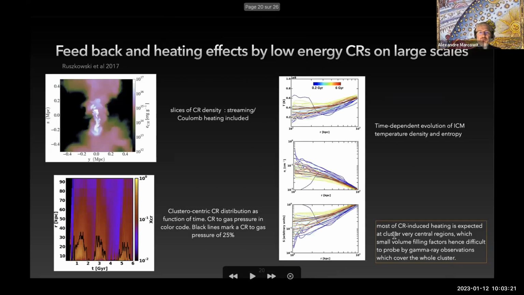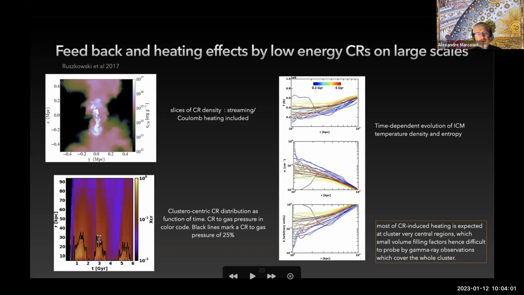Just to mention cosmic ray feedback, because this is what I said before, in the really center of the cluster. Here you see the scale, it's about 100 kiloparsec. You may expect some back reaction of cosmic rays, for instance, injected by AGN. And this has been found in this simulation by Rutkowski, that in the real center, even if on the whole budget for the cluster you may have a low cosmic ray pressure, at the center it can reach values about 25% of the gas pressure.